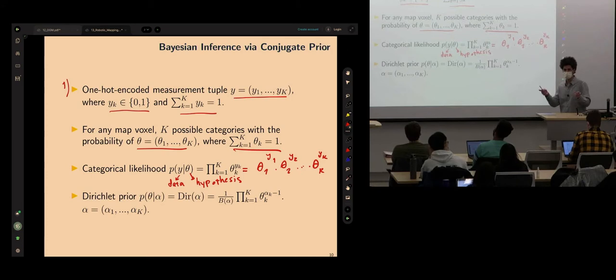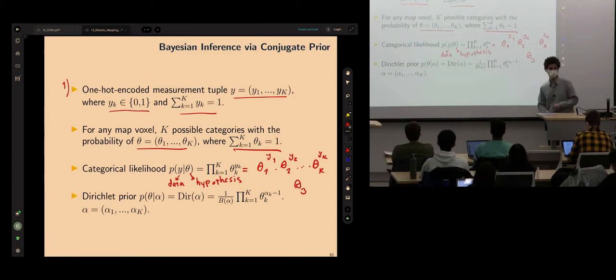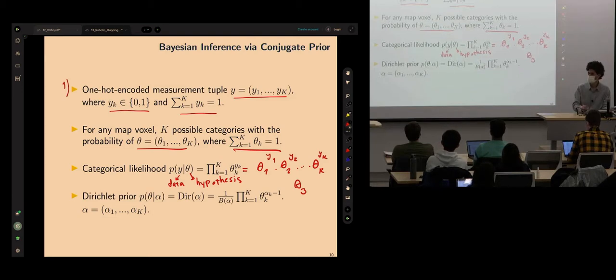Because all of them are 0 except one of them, let's say we have a measurement of category 3, this will basically collapse to this. So the likelihood is just a fancy way of writing that makes it consistent, so that when we evaluate it, it will return the probability of that category if that is the observed category. And if it's not, it won't contribute.